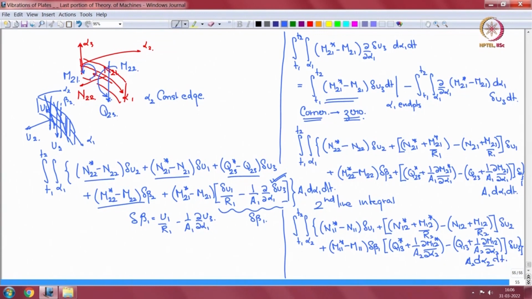So now we have 4 boundary conditions. We have done a combination and we have 4 boundary conditions.